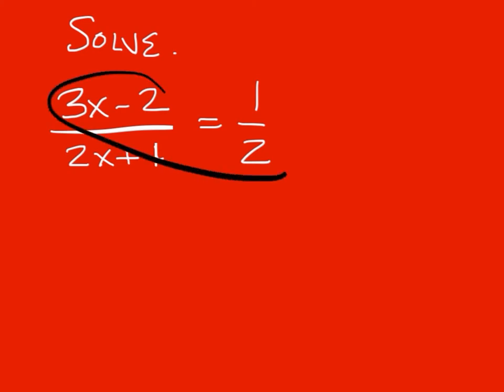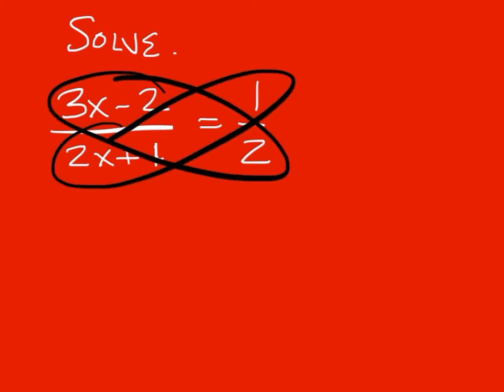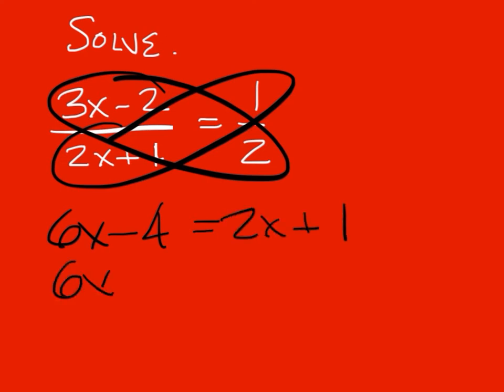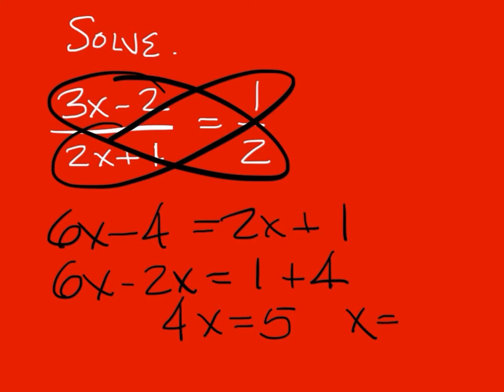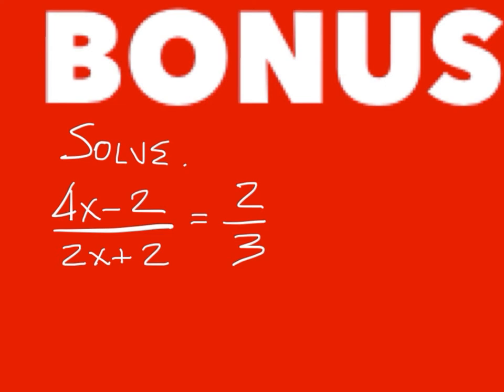But you cross multiply like this to get 6x minus 4 equals 2x plus 1. Shuffle your items appropriately and come up with 4x equals 5, which would be x equals 1 and 1/4. Answer to the bonus is 1 and 1/4.